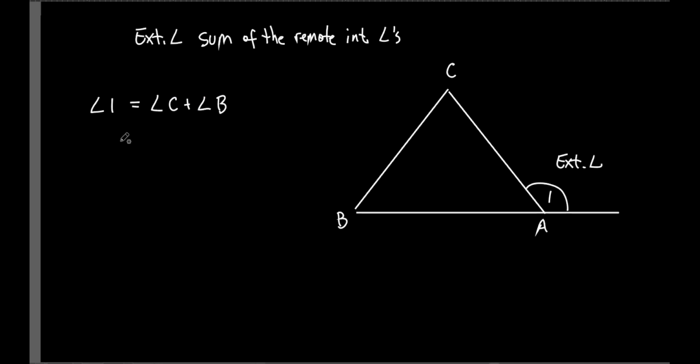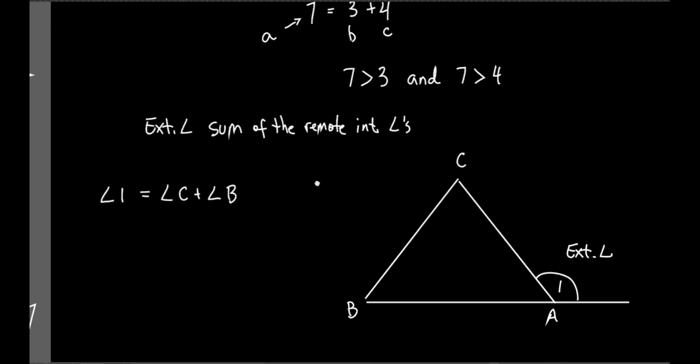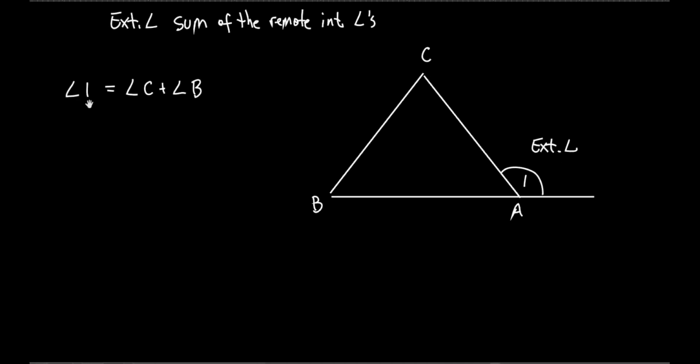That means, according to this comparison thing that we just did, this thing is equal to these two, correct? So that means angle 1 has to be bigger than what else? Angle C. And angle 1 has to be bigger than what else? Angle B. That's right.